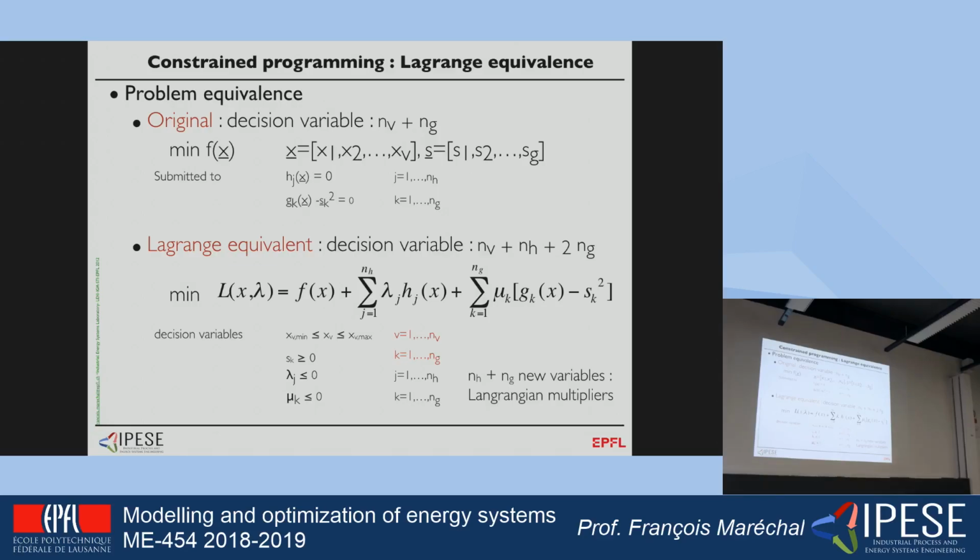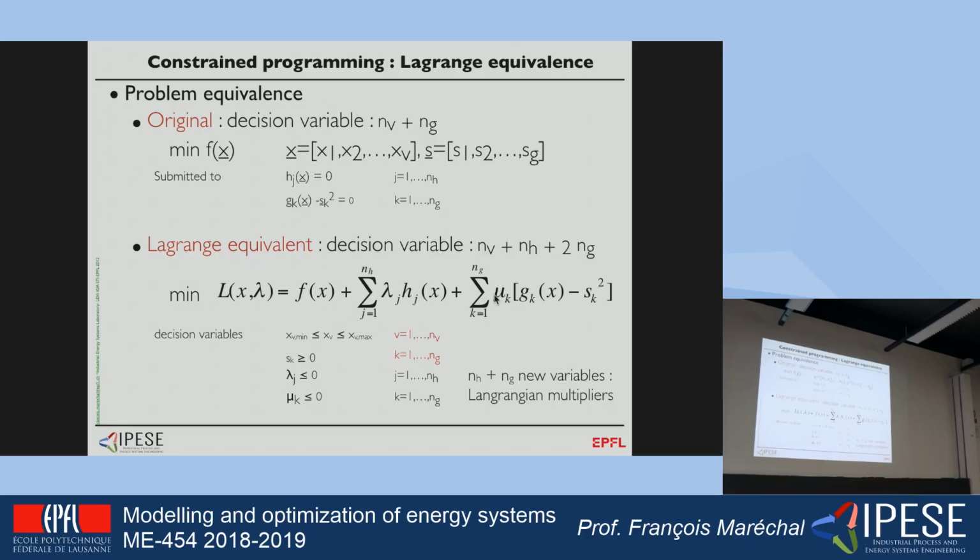Lagrange was a mathematician who demonstrated that if x is minimizing this objective function with this set of constraints, then x will also be the minimum of this function here, with two different additions to it. We have to add a multiplier to each of the inequality constraints and each of the equality constraints that are in the problem.